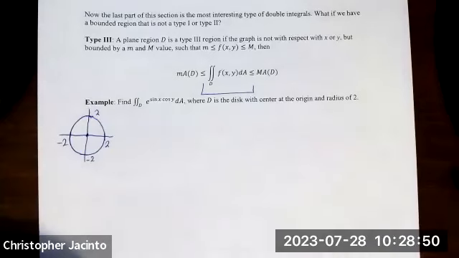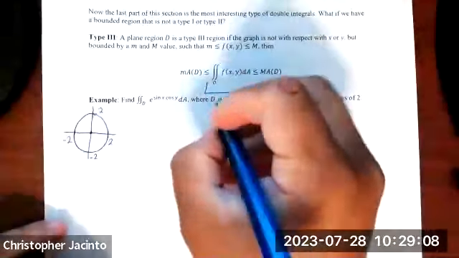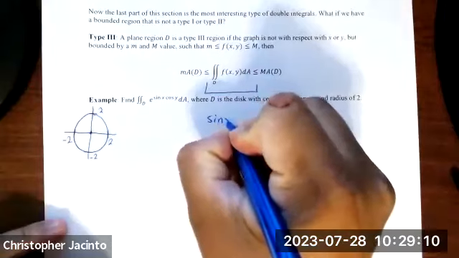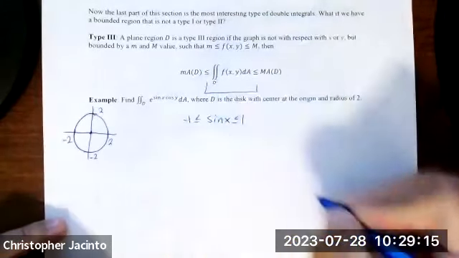Okay, so a little review of what the sandwich theorem was. We want to figure out two inequalities that make this work, so that the inner part is between two numbers we can actually take integrals of. We know for sure that sine is bounded between -1 and 1.